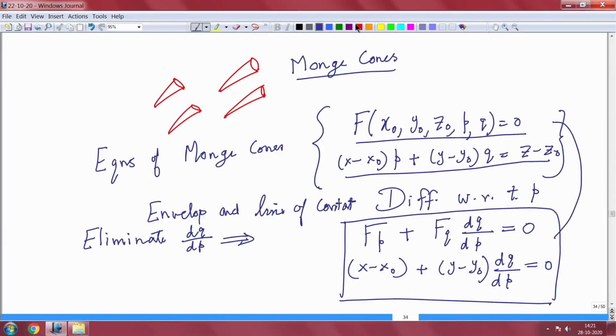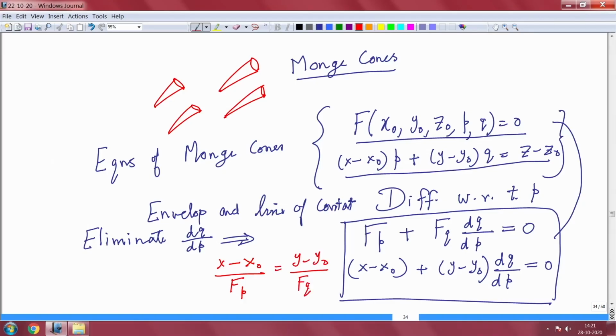So, let me use a different color. You eliminate dq by dp, you get (x minus x naught) by f_p is equal to (y minus y naught) by f_q.